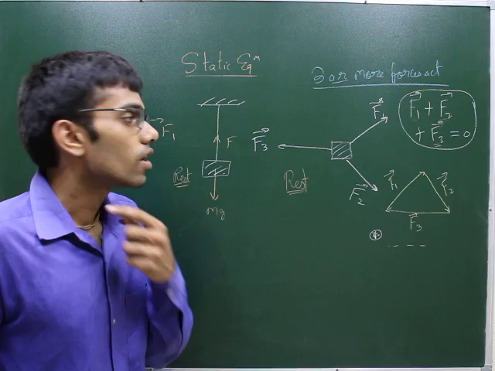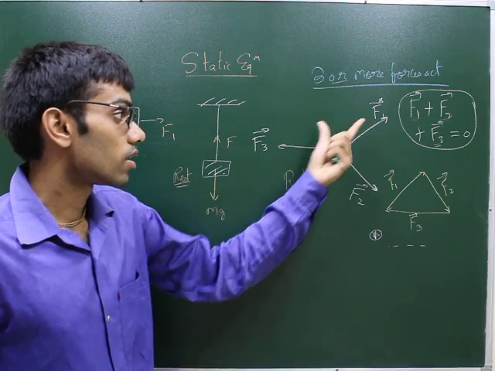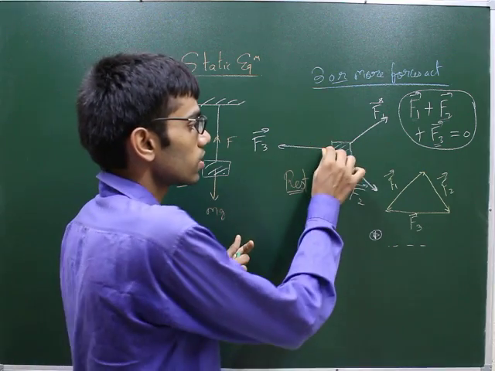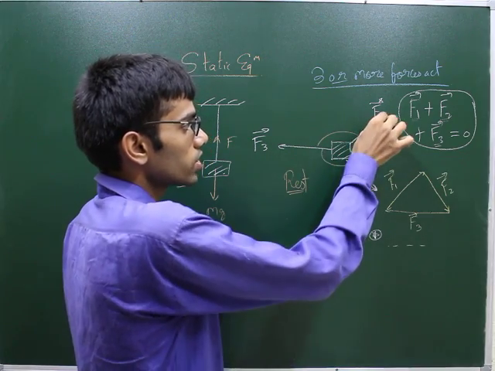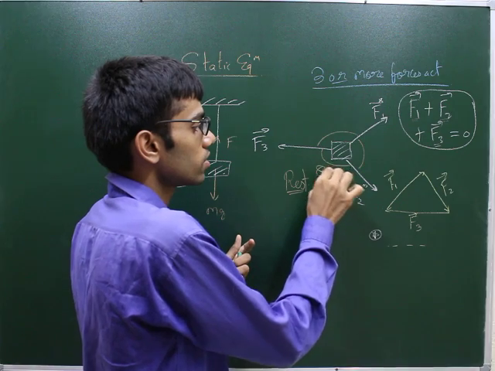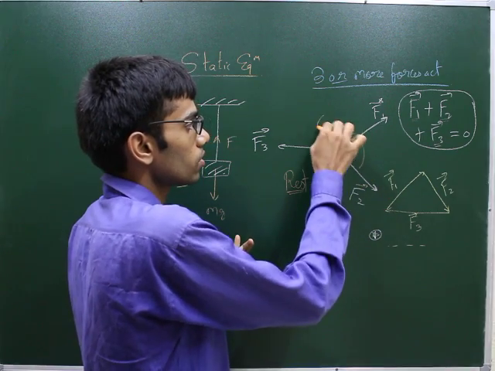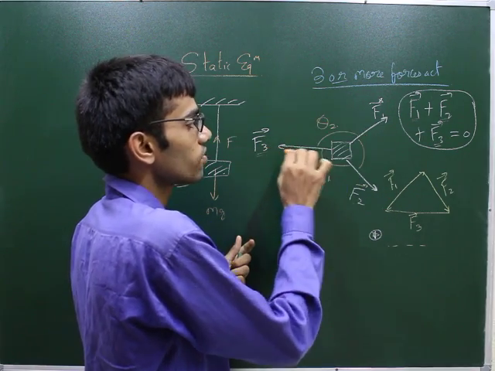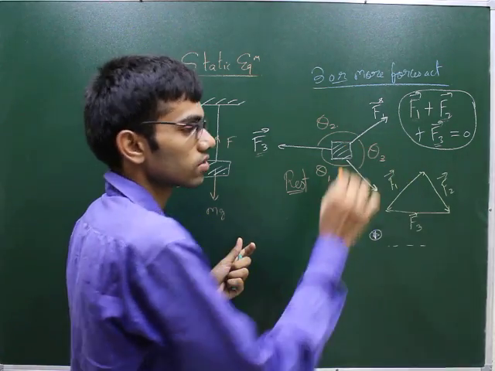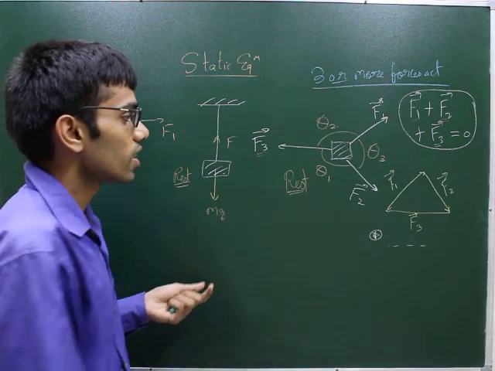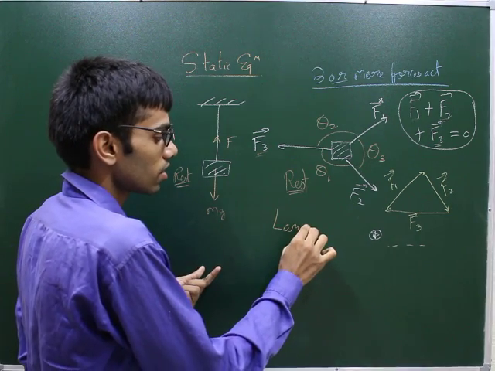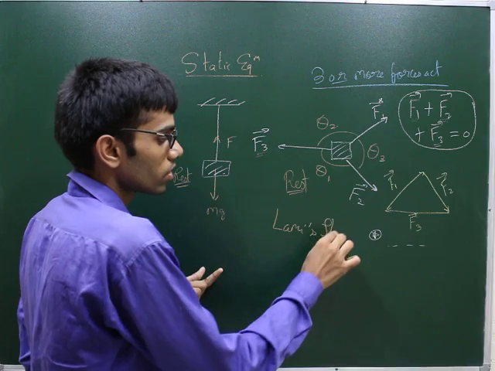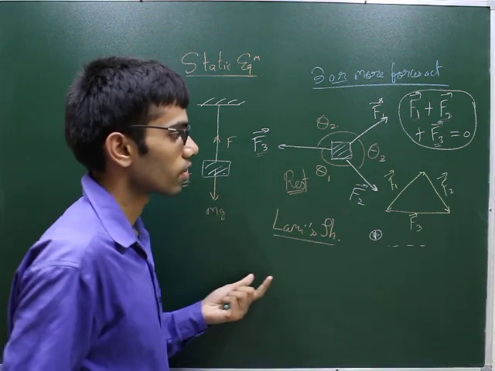Now you can find out the relation between these three forces using one relationship. So suppose angle opposite F1 is theta 1, angle opposite to F2 is theta 2, and angle opposite to F3 is theta 3. ठीक है. So इनका relation आता है using Lami's theorem. There is a basic theorem using which you can solve this. ठीक है.